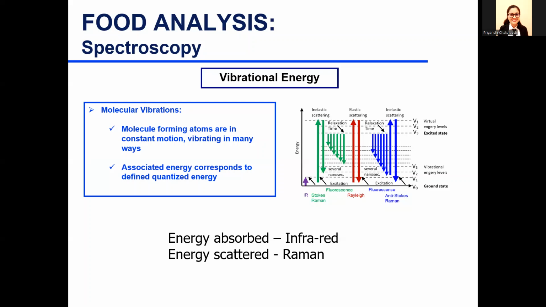But sometimes, not often, it'll actually stop at a vibrational or a higher energy state. It'll get stuck. That is what you're measuring. So it's not every event. That's why you need so much energy, and the signals in Raman are significantly smaller. But like I said, it will show you things that you can't see in IR.